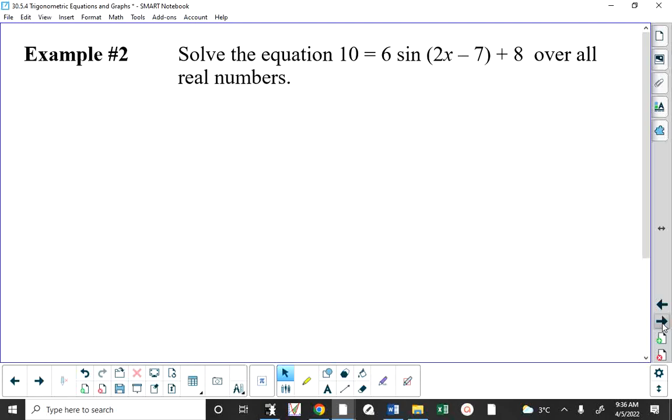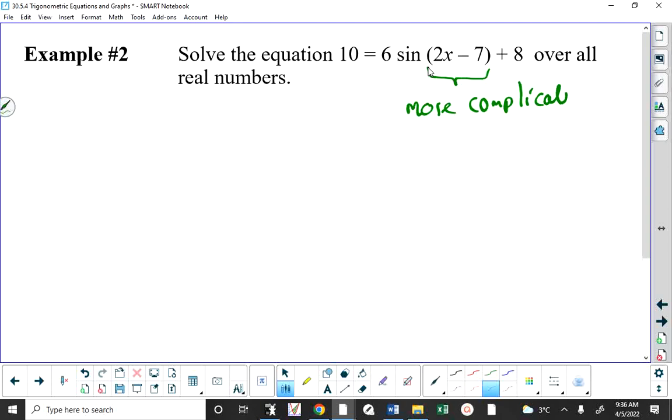And the reason is, it's not sine of x, it's sine of something more complicated than x.